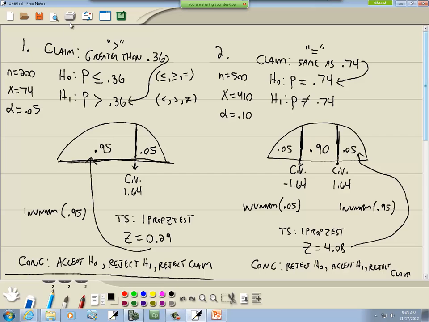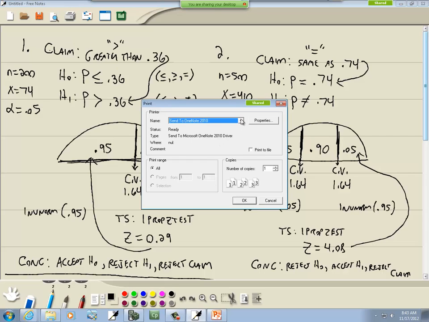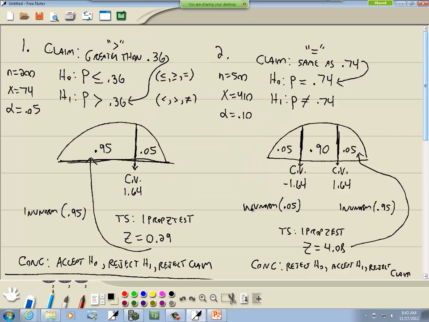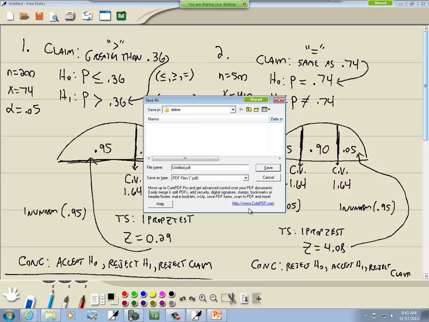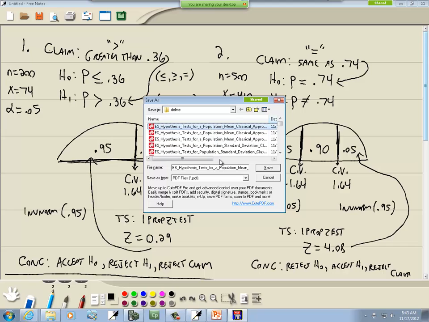Let me save this. This is hypothesis test for population proportion.